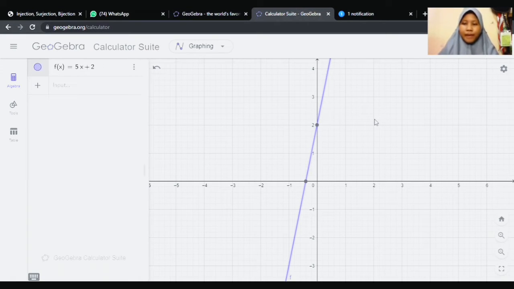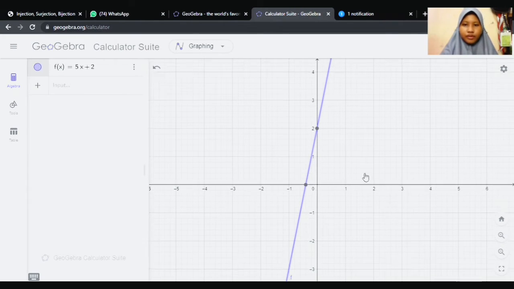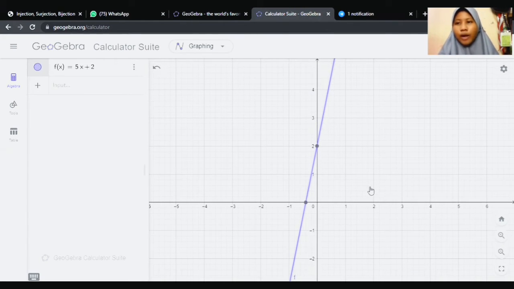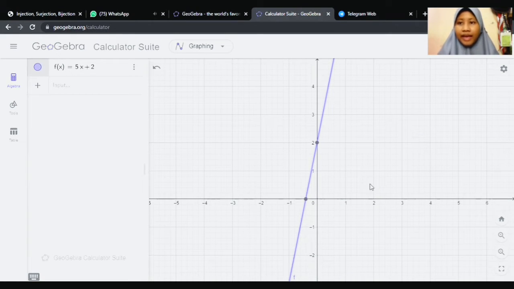Why? Because in a one-to-one function, every y value is mapped to at most one x value. In an onto function, every y value is mapped from an x value. So the function is a one-to-one and onto function. And then we must do the proof with the definition.